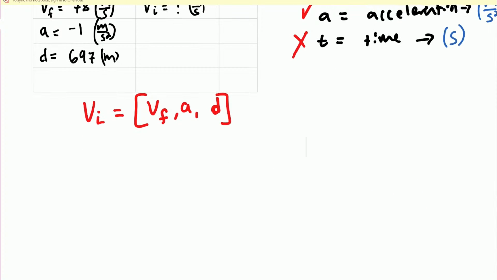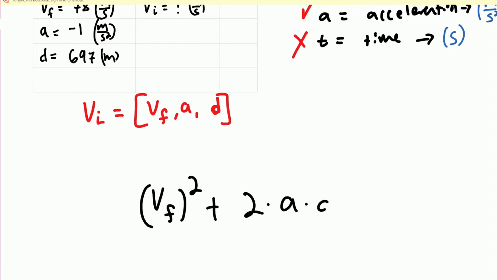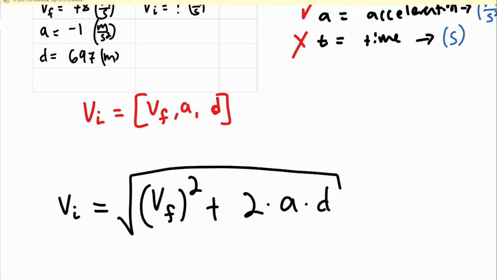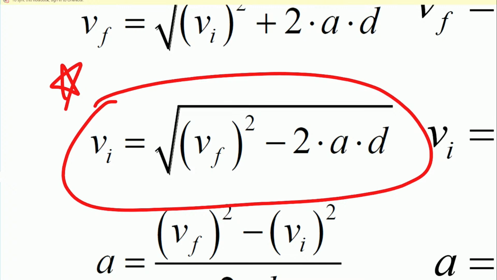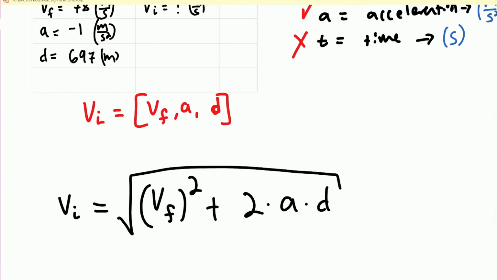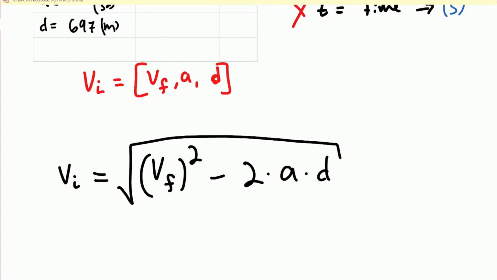I'm going to write that down here. v sub f squared minus 2 times a times d equals v sub I squared. Just to make sure I did it right. Yep. Okay. So did you get this equation?